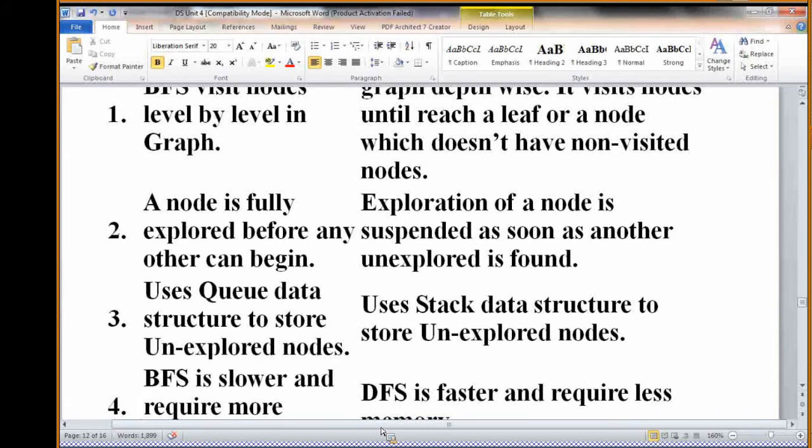BFS uses a queue and DFS uses a stack data structure to store unexplored nodes. So the explored nodes are kept in the stack in DFS, and in BFS we use the queue.